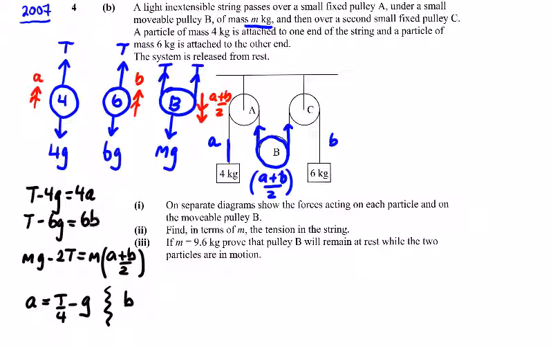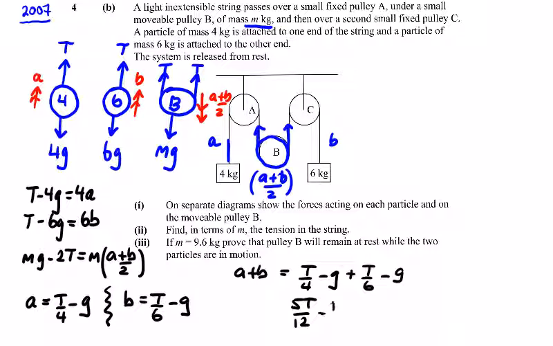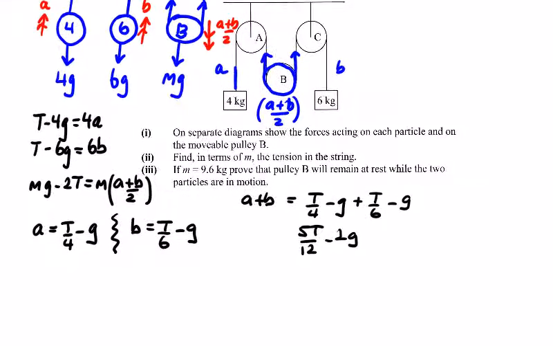B is equal to T over 6 minus G. So A plus B is equal to T over 4 minus G plus T over 6 minus G, which is, common denominator 12, so that's 3T over 12 plus 2T over 12, that's 5T over 12 minus 2G, that's A plus B. So A plus B over 2 is going to be equal to, dividing both of these by 2, 5T over 24 minus 2G over 2, which is just G.